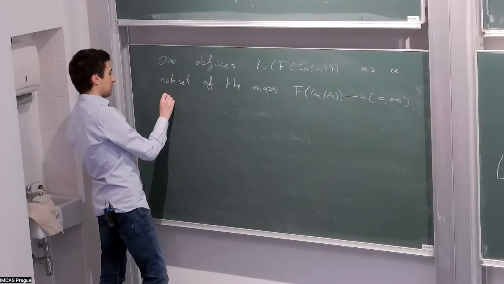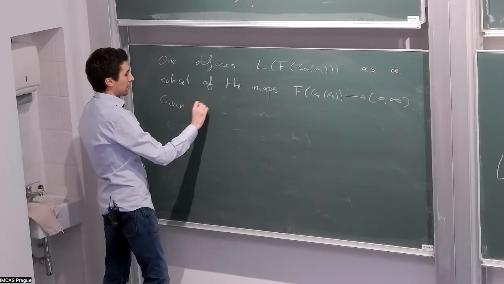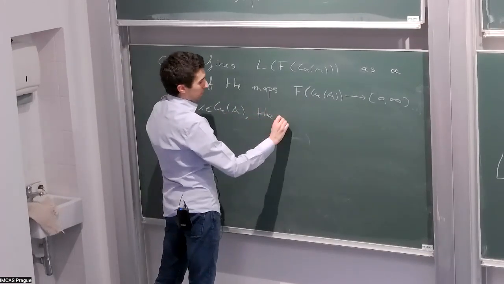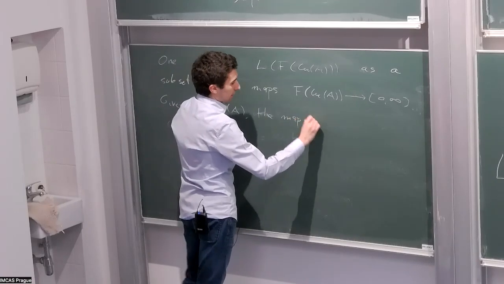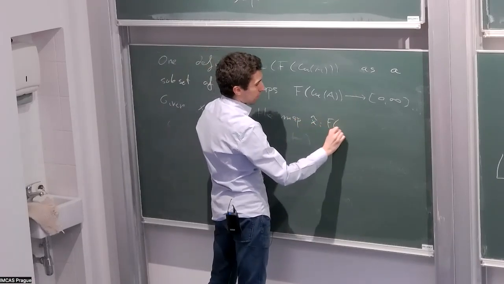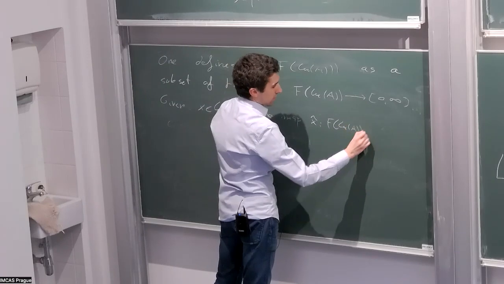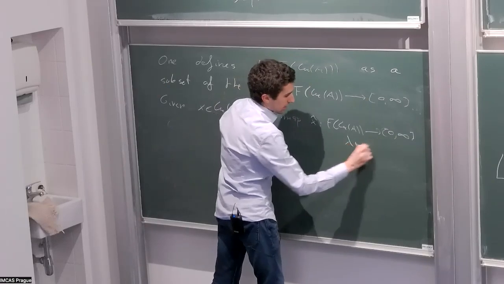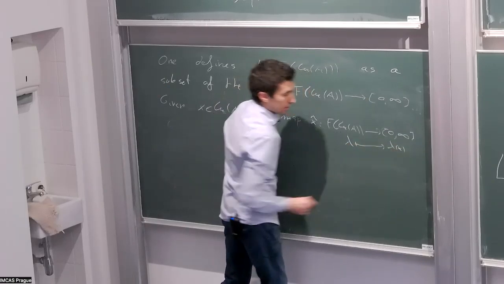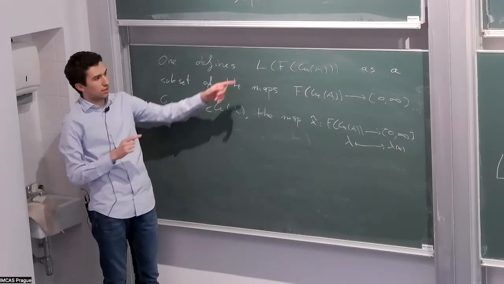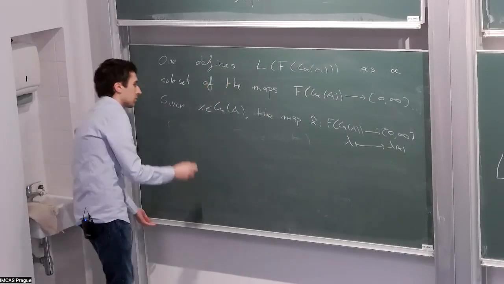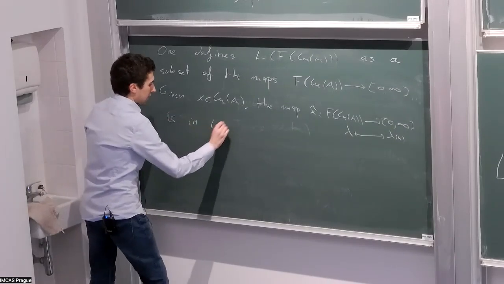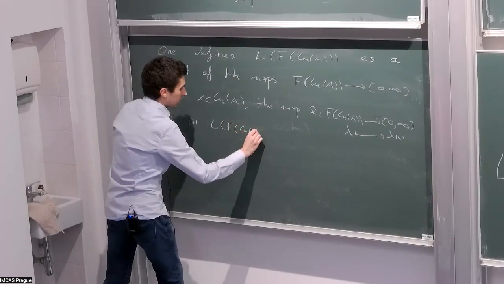So given an element X in the Cuntz semigroup, the map X hat, which goes from F of Cu of A to 0 infinity, and takes a functional and evaluates it at X, is in this informal double dual. This is always here. It is in L of F of Cu of A.